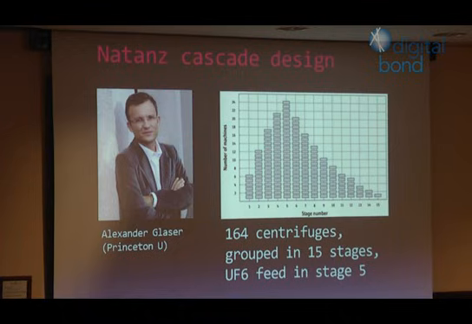So a cascade actually is one big machine that's made up out of several centrifuges, but they are grouped into what is called enrichment stages. And Akbar Zadeh, the head of the Iranian nuclear program, also told the press that they would use stage 5 as the feed stage.